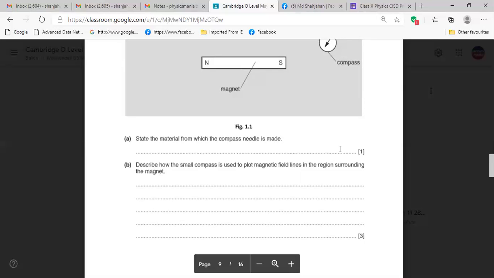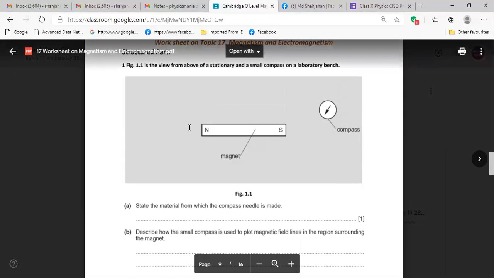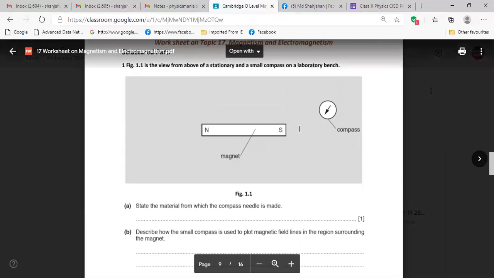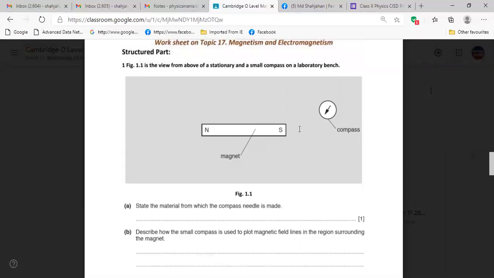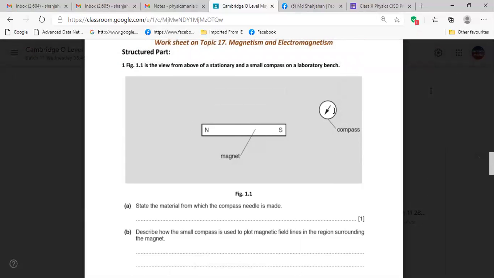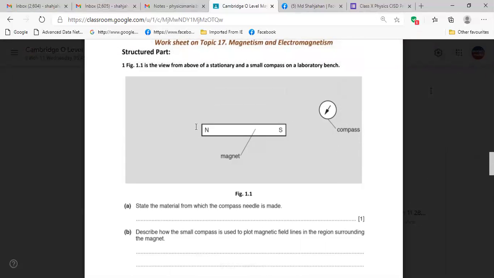So, our first task here is to place the compass near a pole. Either you can place it at the North Pole or the South Pole, right? If you keep it closer to the North Pole, then you'll see this arrowhead is opposite of this north, right?